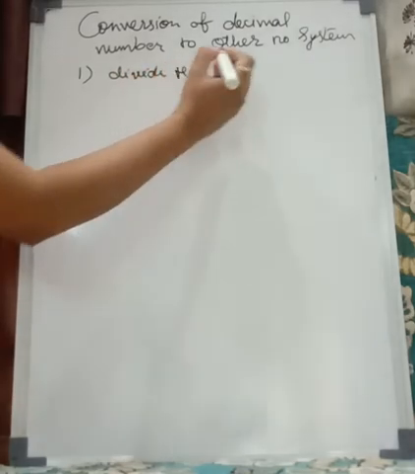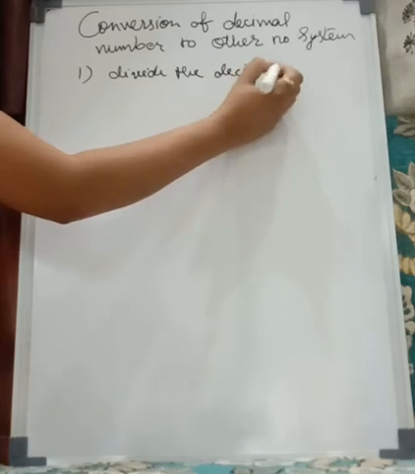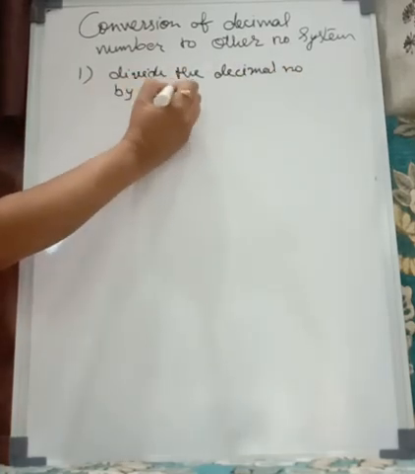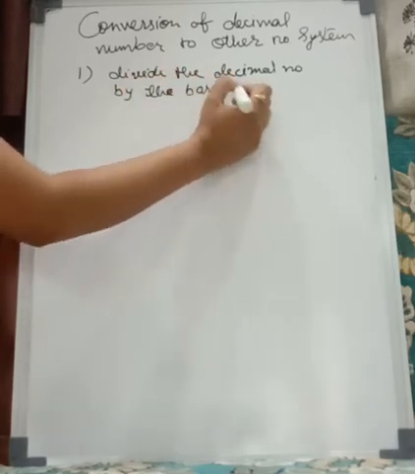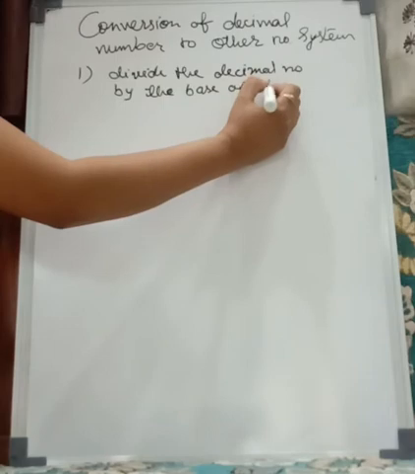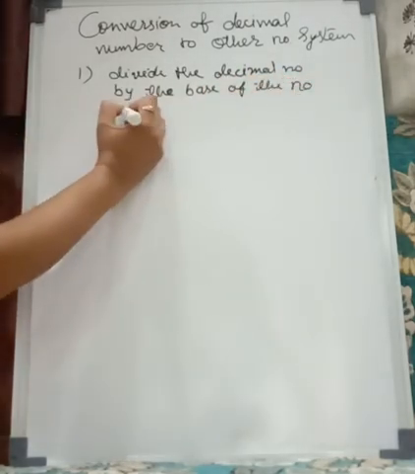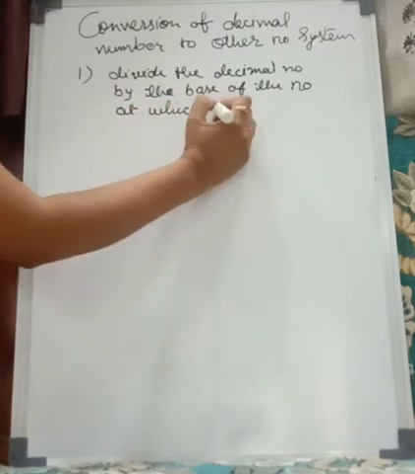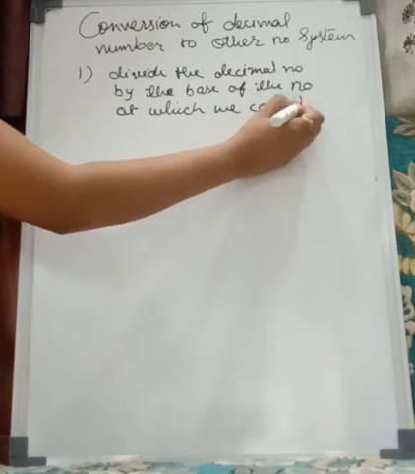We need to divide the decimal number by the base of the number system to which we convert the number.